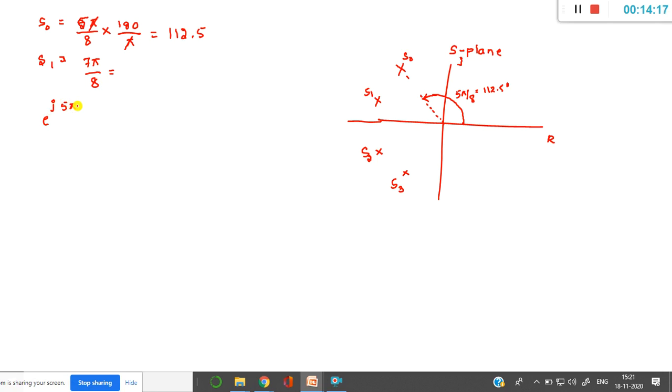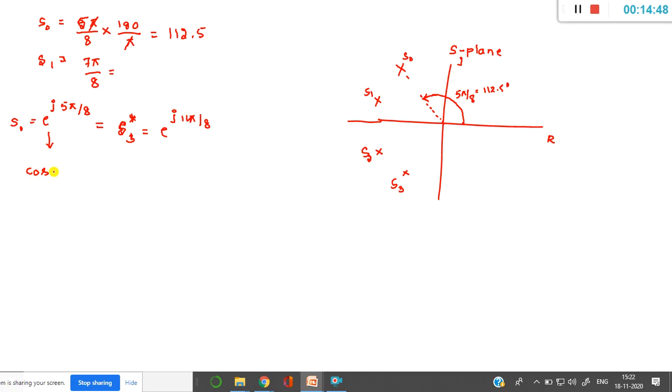The first value is e to the power of j 5 pi by 8, and I am telling you this is equal to s naught, right? What I am trying to say is s naught and s3 will be complex conjugates. So the s3 value is e to the power of j times 11 pi by 8.